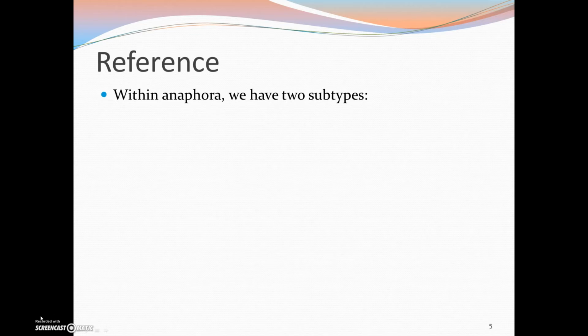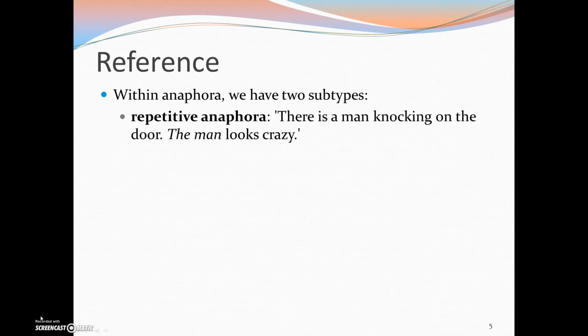So within anaphora, we have two subtypes. So the first is repetitive anaphora. So this is when the head of the referring nominal expression is identical to that of the antecedent. So if I say there is a man knocking on the door, the man looks crazy. Well, I am repeating the word man.